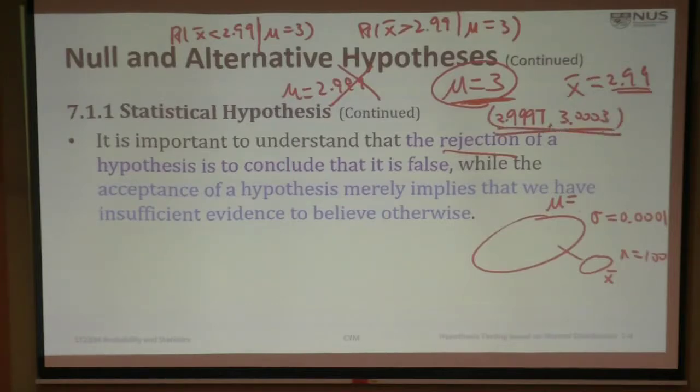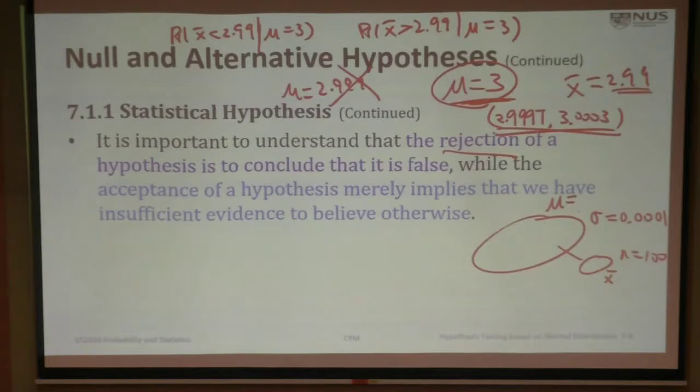This is the range. You will find the majority of the observations fall within this range. So you take 100 of them, and the average should be very close to 3. And now you see 2.99, which is off the mark.